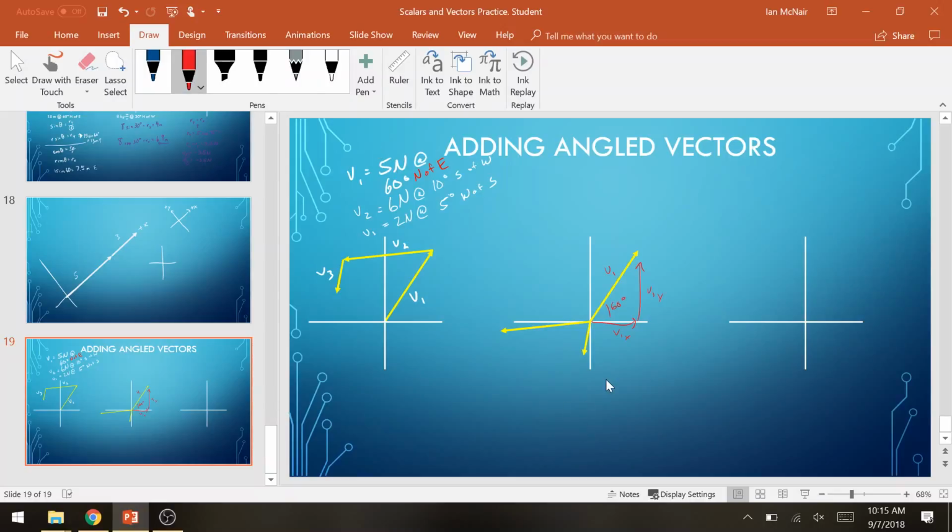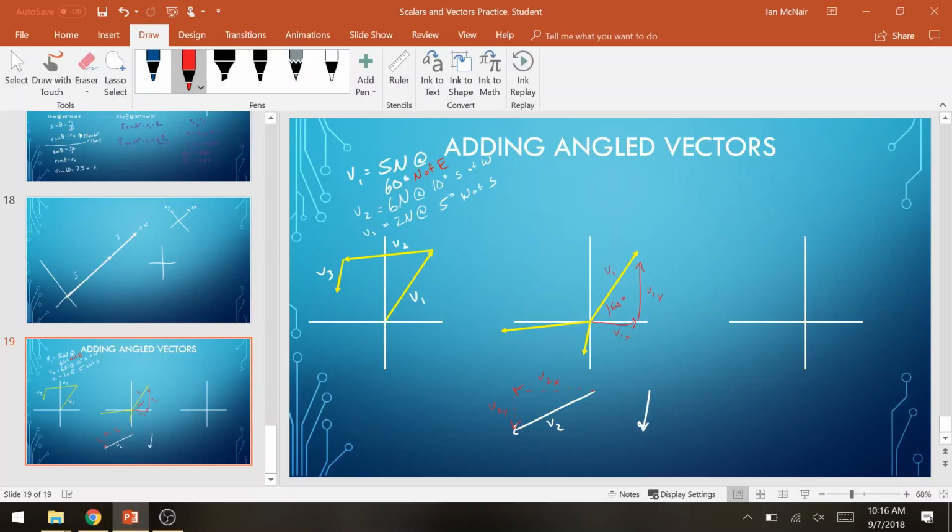These other ones are really small, so it's a little bit harder to draw. So instead of just drawing them like that, I'm gonna draw them out here. I'm gonna exaggerate them a little bit. So I'm gonna call this V2, and then I'm going to make my own components. So this was a south of west. So I'll call this V2x, V2y, and then I'm gonna draw the other one. Again, really hard to see, so I'm just gonna do it myself.